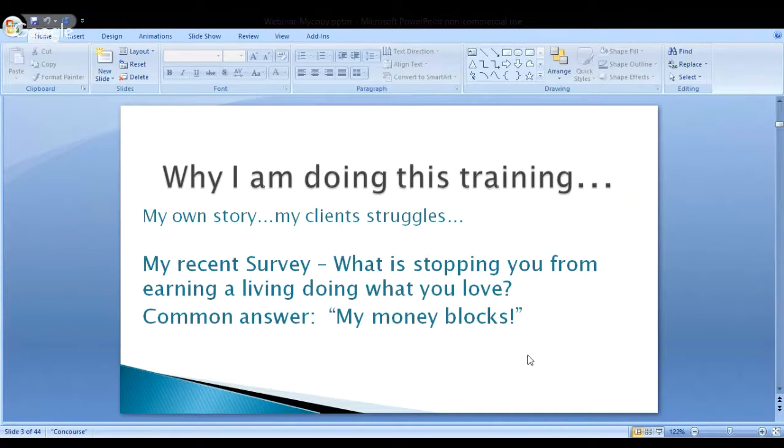As long as I had the security of being in a job, it was fine. But as soon as I was going to be my own boss, as soon as the security blanket was taken off, it really made me uncomfortable. I think that's when all my blocks showed up. So that's my journey, and that's where I got intrigued with clearing energy blocks. And I specialize in clearing money blocks. I think that's where my passion lies.